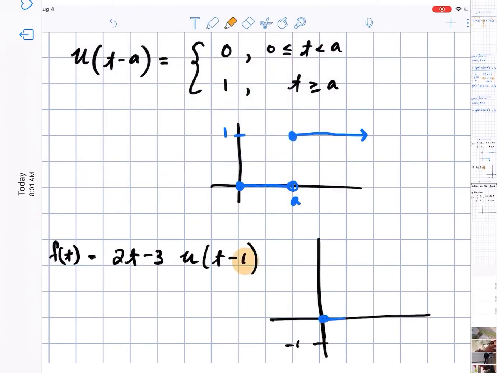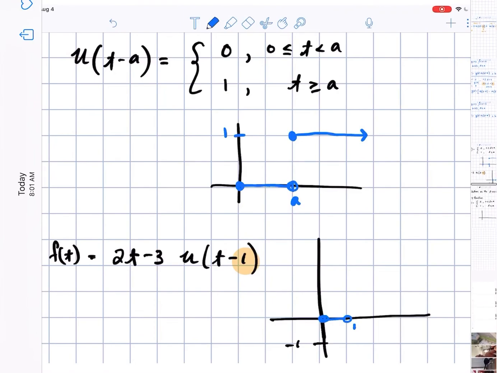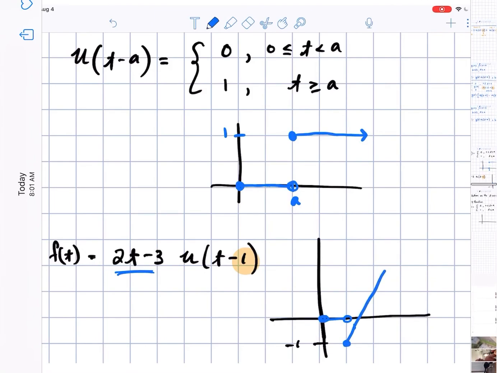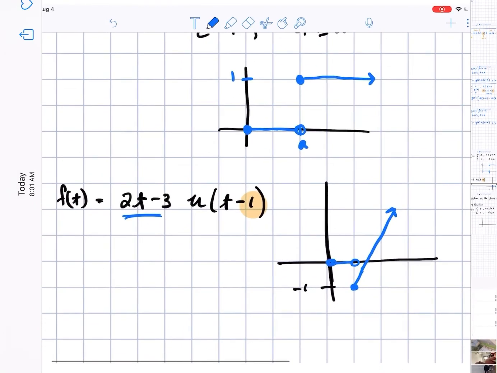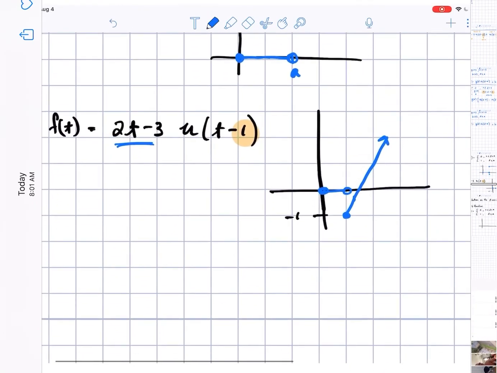Because of the 1. Open circle at 1, and then pop down to this function here. And that'll keep going.